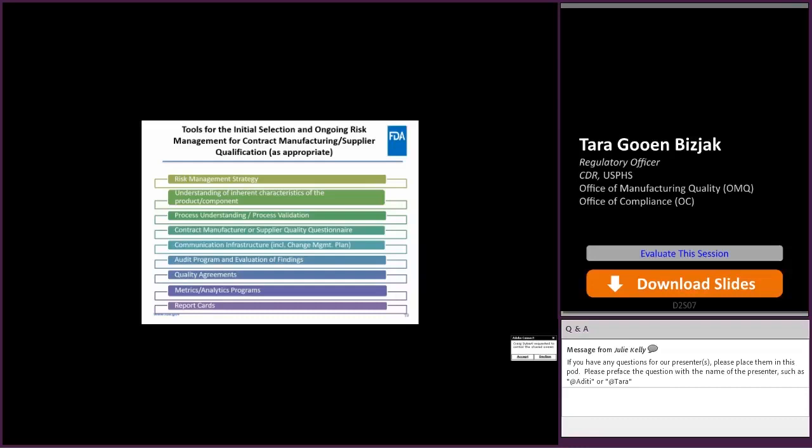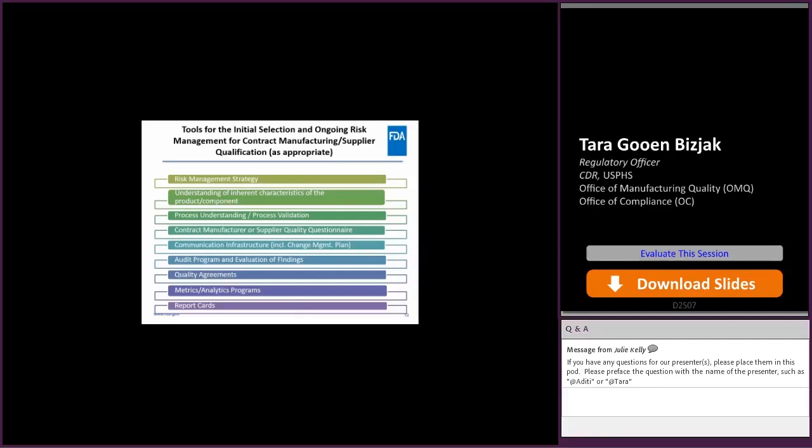Metrics and analytics programs are also very useful in terms of assessing your suppliers' or contract manufacturers' overall quality and approach to quality, and how they ensure that they have robust manufacturing in place, and how they're measuring their own quality system, and really how they're driving improvement, right?